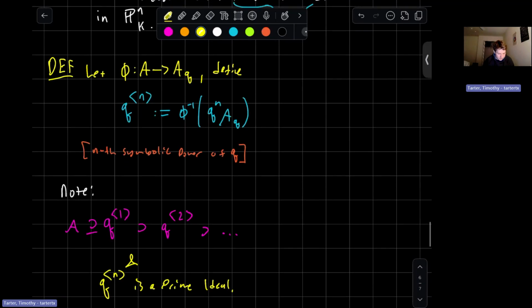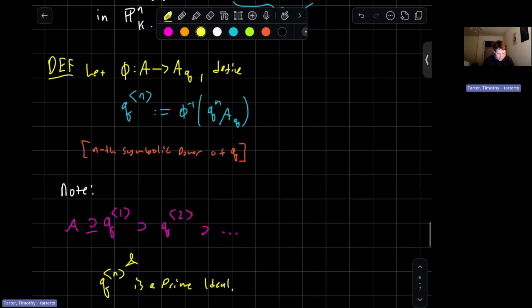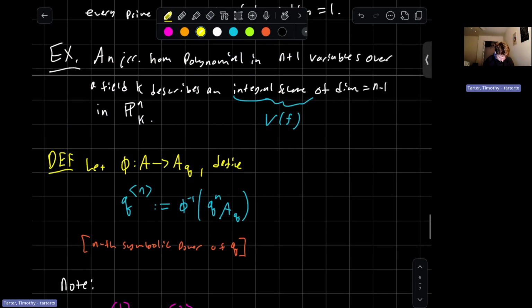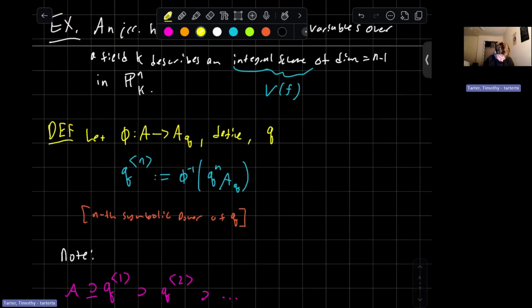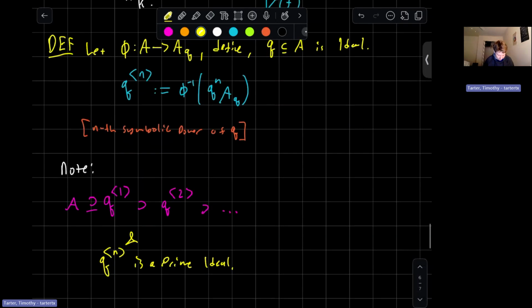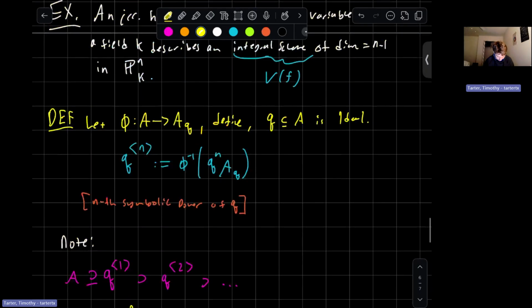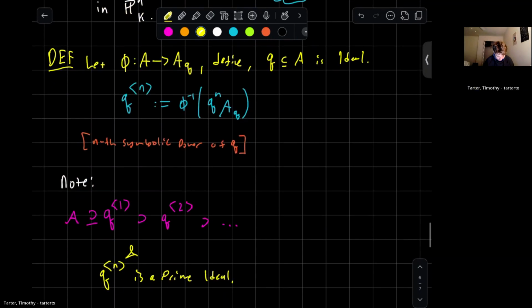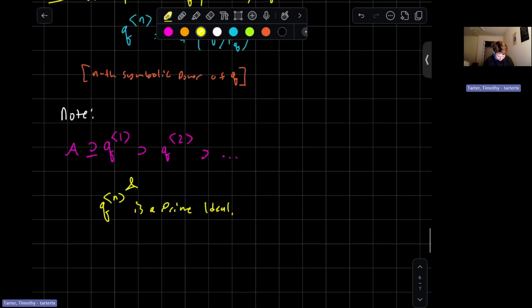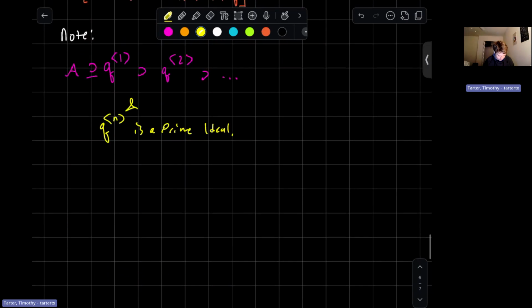So Q is an ideal, and the symbolic power of the ideal is, yeah, the coset, the left coset.